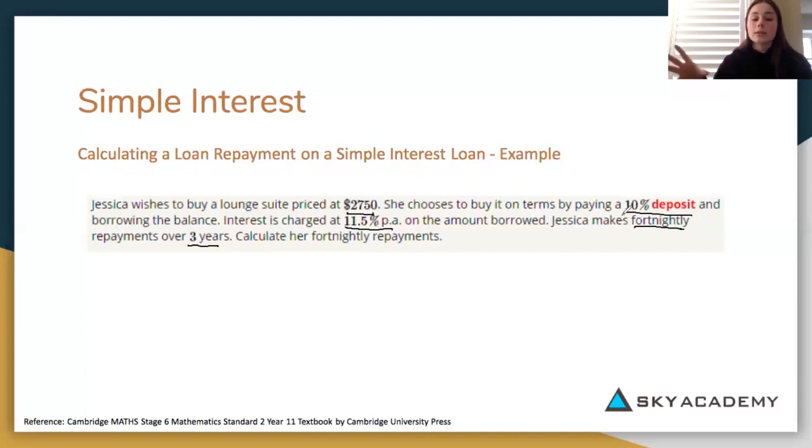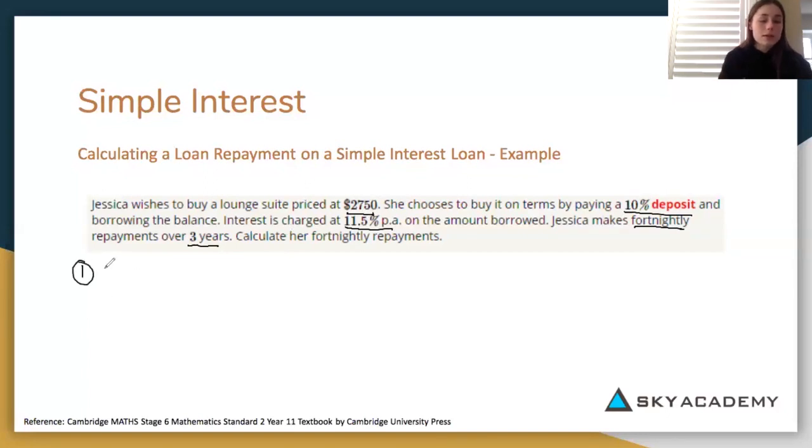And on the amount that she borrows, it's going to cost 11.5% interest. And then she's going to make fortnightly repayments over 3 years. So firstly, what we're going to do is find the deposit and subtract it from this amount to figure out how much she's going to borrow.